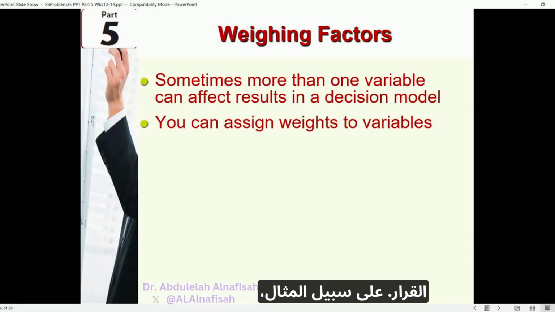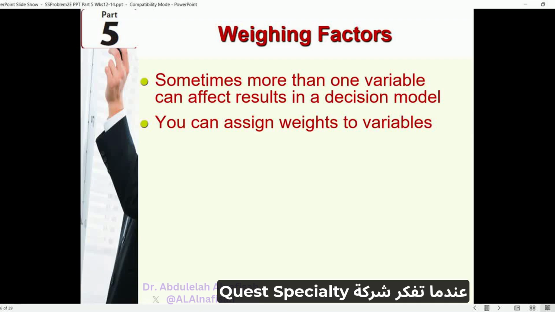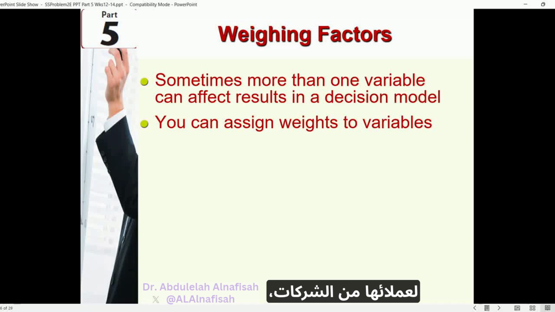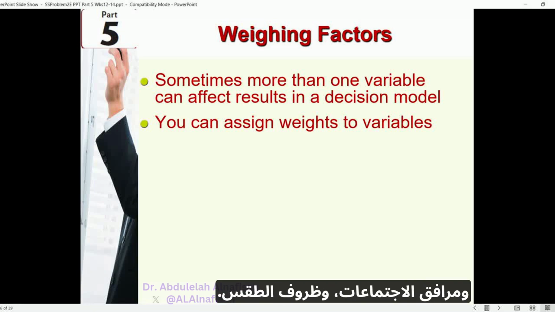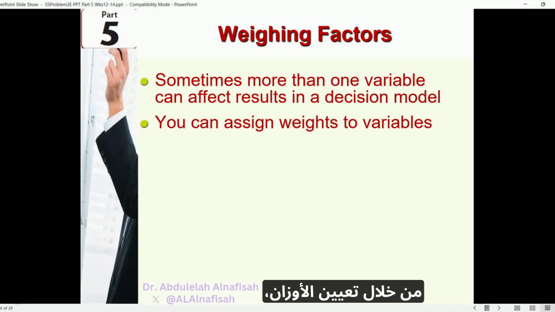For instance, when Quest Specialty Travel is considering which tours to offer to corporate customers, several factors come into play, such as travel time, level of activity, meeting facilities, and weather conditions. By assigning weights, Quest can prioritize these variables based on their significance to customer preferences and overall satisfaction.